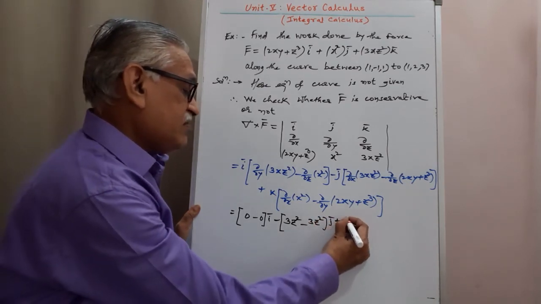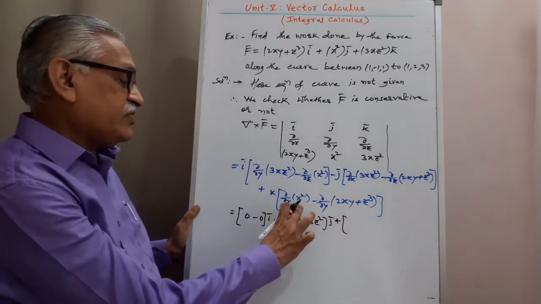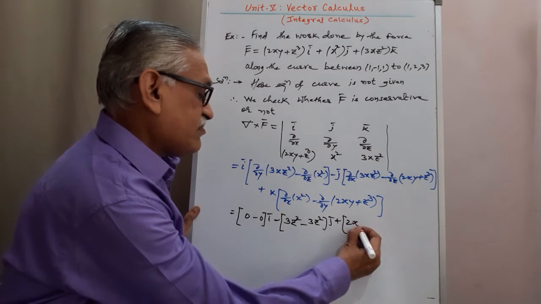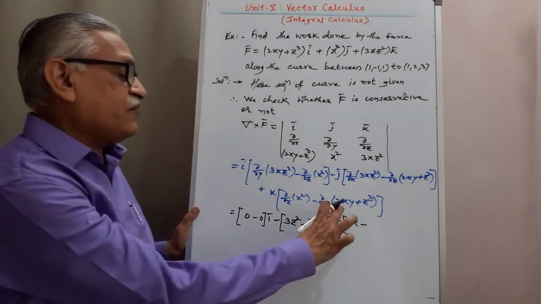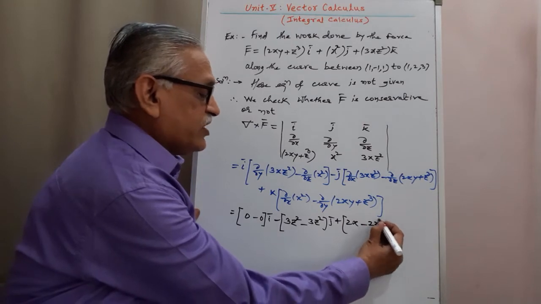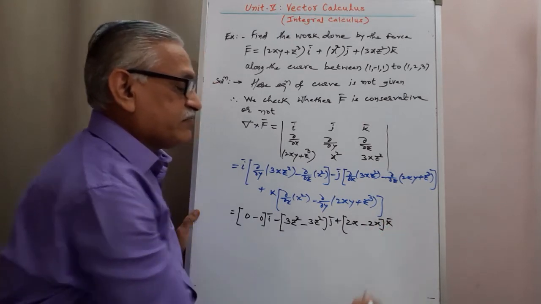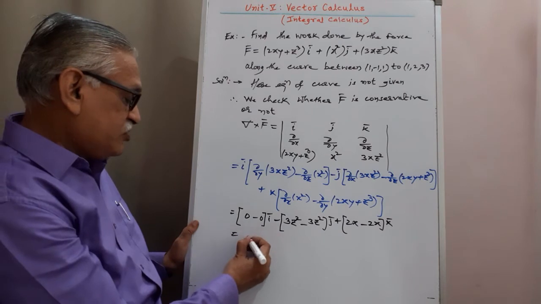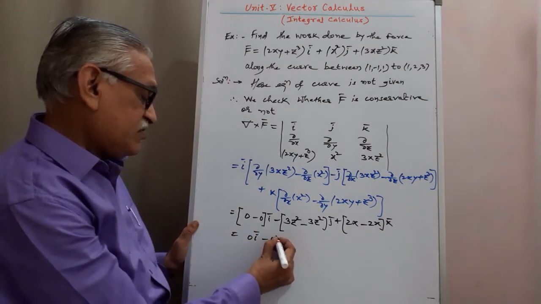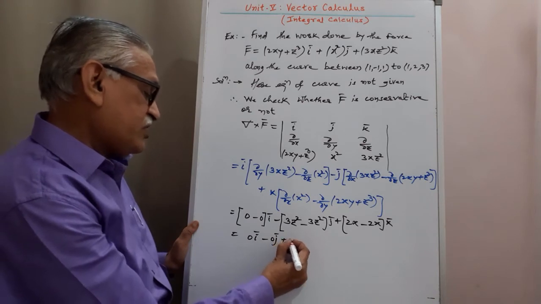plus, differentiating it with respect to x, we get 2x, minus, differentiating this with respect to y, its derivative is also 2x, into k. Therefore it is 0i minus 0j plus 0k.